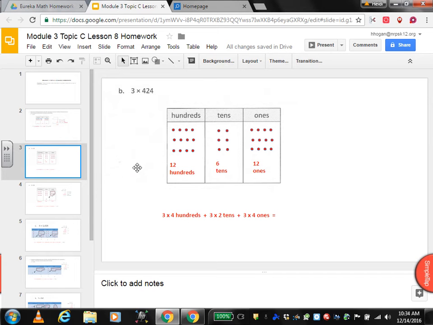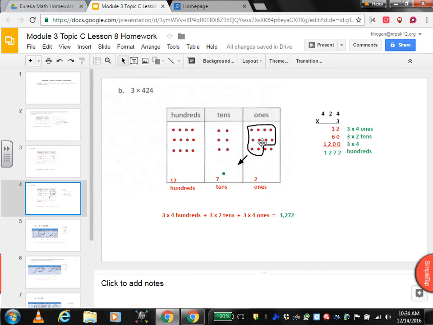424 times 3. So it's the same. 1, 2, 3, 4, 24, 3 times. And that gives us 12 ones, 6 tens, 12 hundreds. That's 3 times 4 hundreds, 3 times 2 tens, 3 times 4 ones. We do need to regroup.